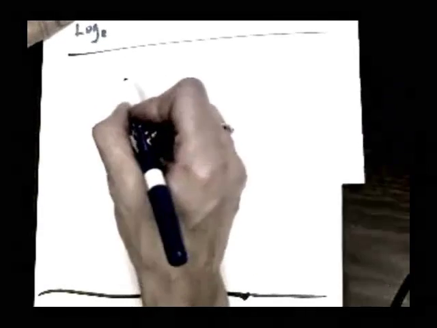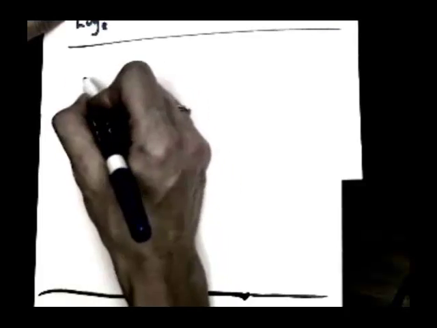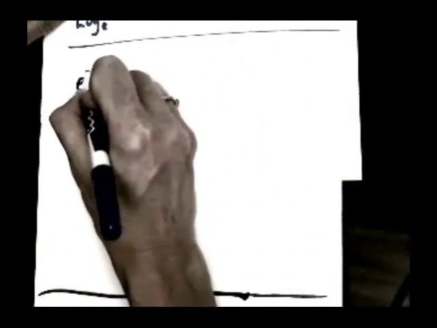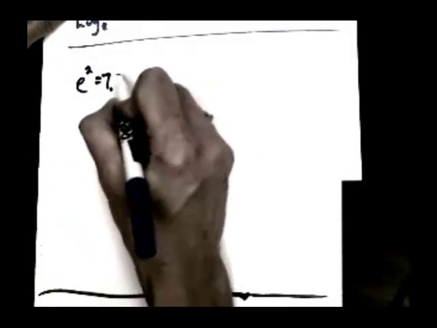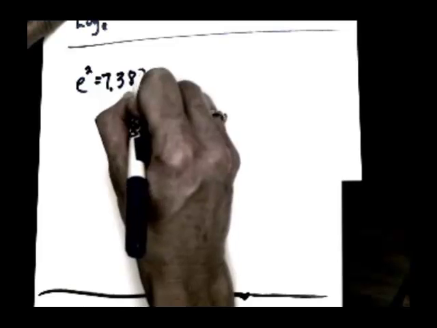If you have an exponential equation and you're trying to change it to a logarithm, let's say that you have e to the second power equals 7.389, and again this is an approximation, 7.389.